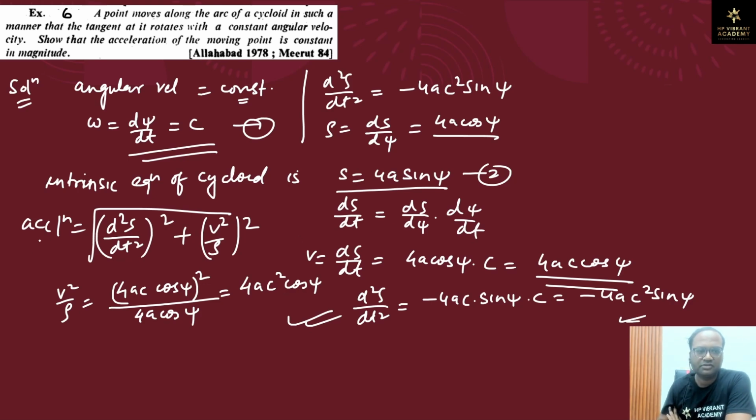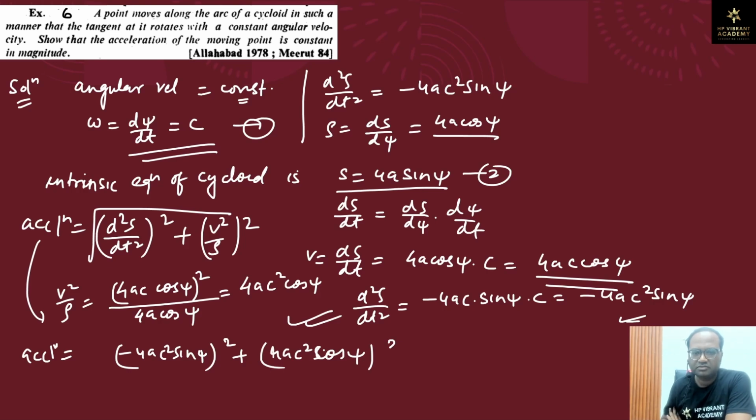Let us put these values in the acceleration formula. Acceleration is the square root of (minus 4ac square sin psi) whole square plus (4ac square cos psi) whole square.